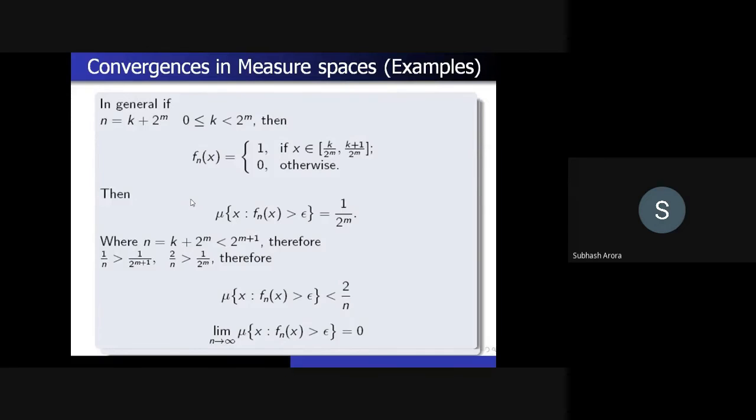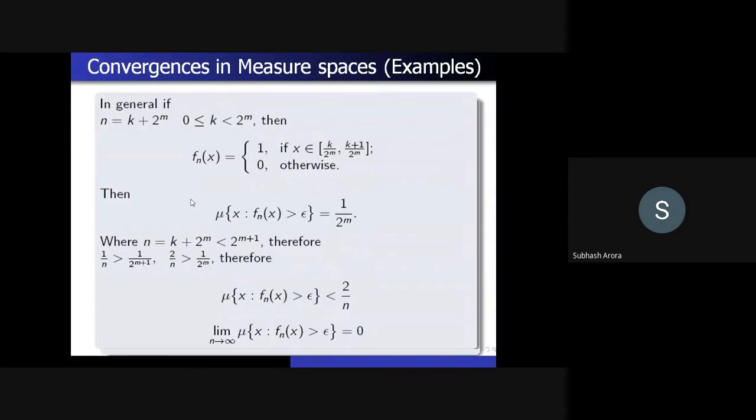Then mu of all those x such that Fn(x) > epsilon would be the length of that interval, equal to 1 by 2^m, because n is of the form k plus 2^m, the way it has been broken up.